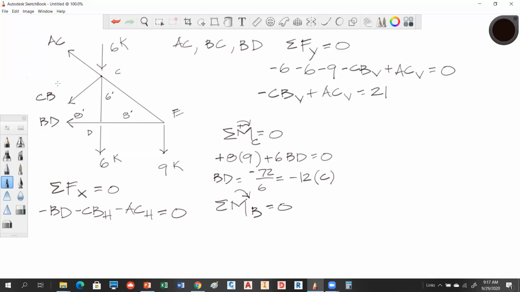I'm going to clean this diagram up a little bit. Let me move this guy over so we can see this a little bit better. So this is BD here, and this is BC or CB. And I'm going to move this guy too, just out of the way.